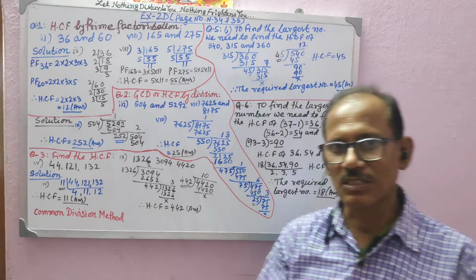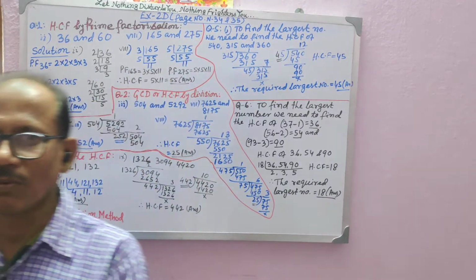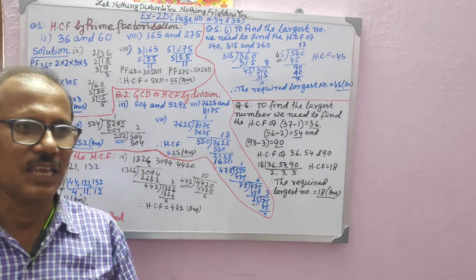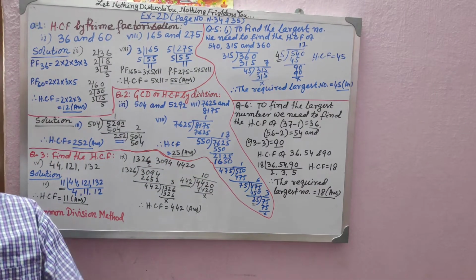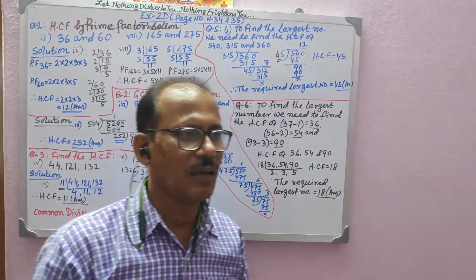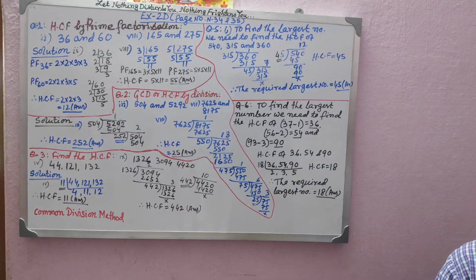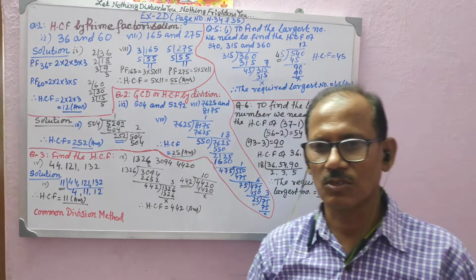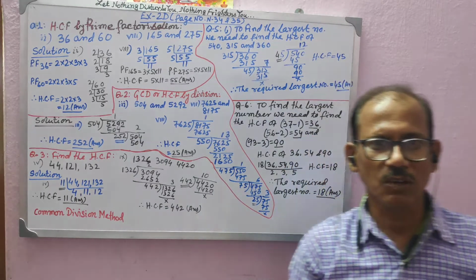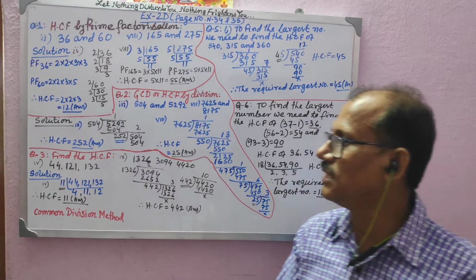I have distinctly told you what a factor is and what a divisor is. A divisor which exactly divides a number is called a factor, but a divisor can leave some remainder, whereas a factor never leaves a remainder. So the highest common factor, which can be called GCD also.